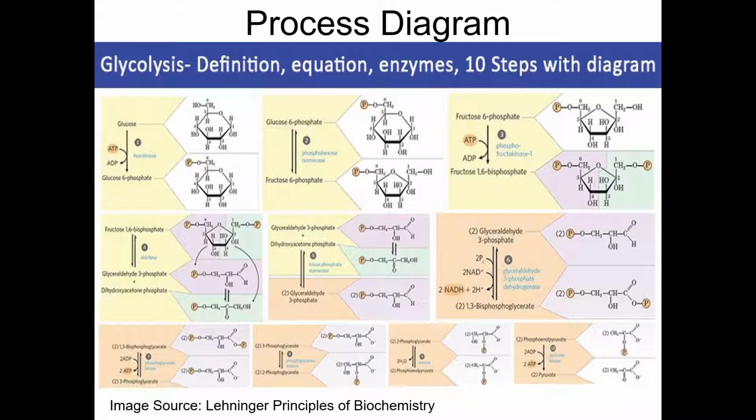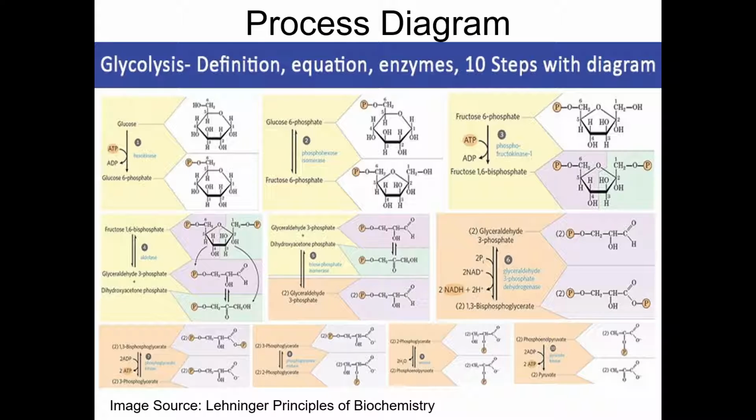Phase two is also known as the payoff phase. This is where we get the energy. So we've added energy to break it down, and now we're taking energy and getting it out. The sixth step, which is the first step of the payoff phase, loses 2 electrons and 2 protons, reducing NAD plus to NADH.